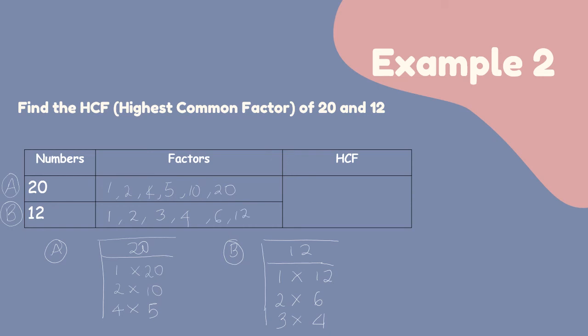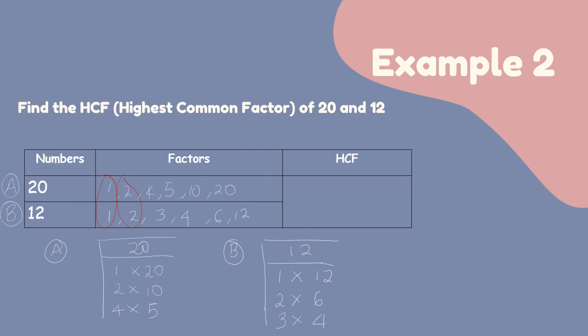Step 3, we're finding the highest common factor. So first thing first, we're going to look at factors that are common or the same. So we have 1 and 1. It's easier if you can circle out the numbers. So 1 and 1. Then we have 2 and 2.